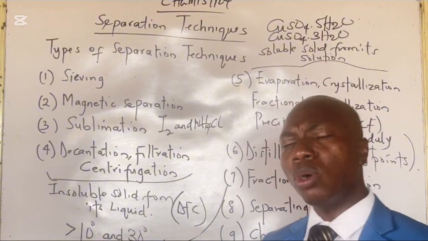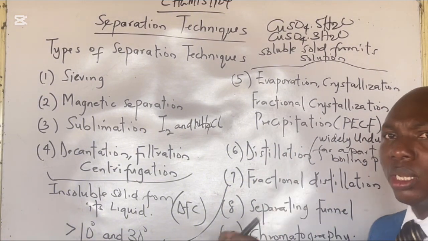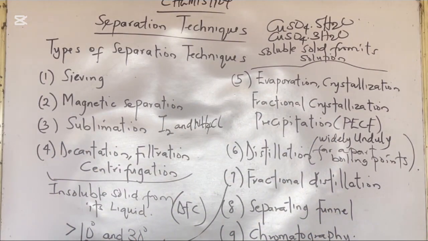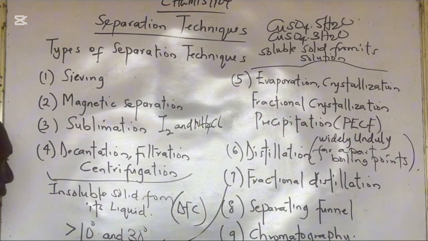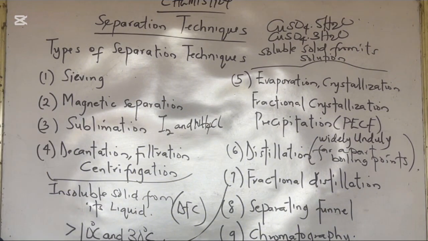So you may ask me, what is the difference between fractional distillation and distillation? The major difference is, number one, their temperature: for fractional distillation, close boiling points, greater than 10 but less than 30 degrees Celsius.